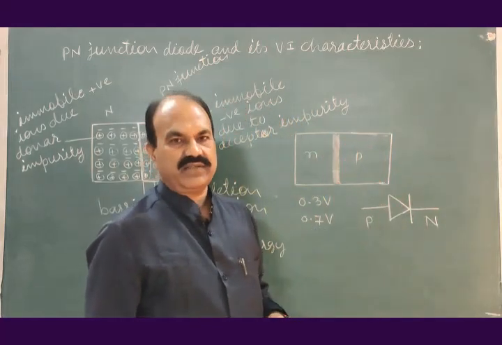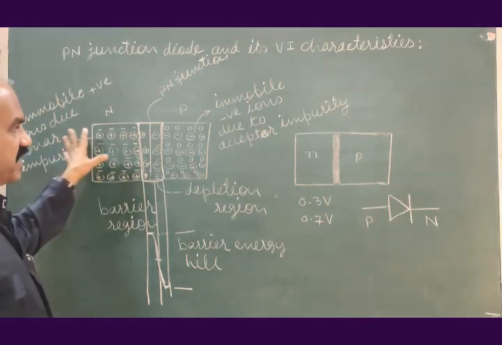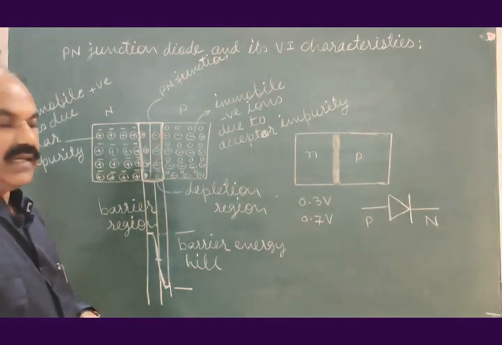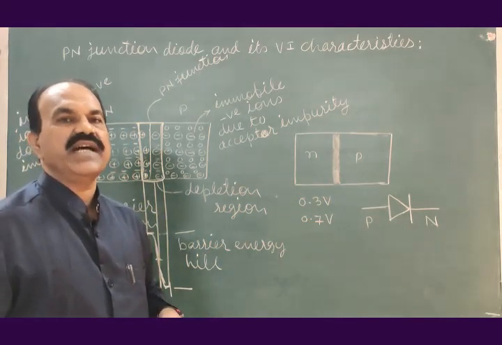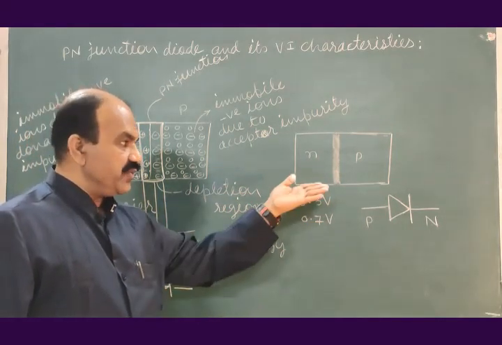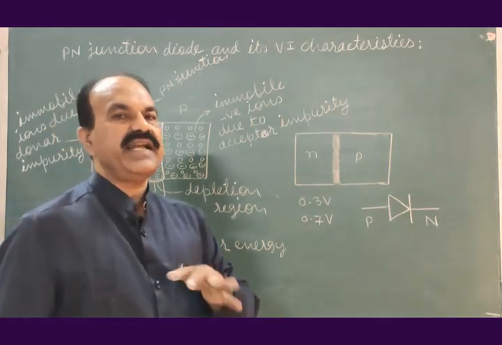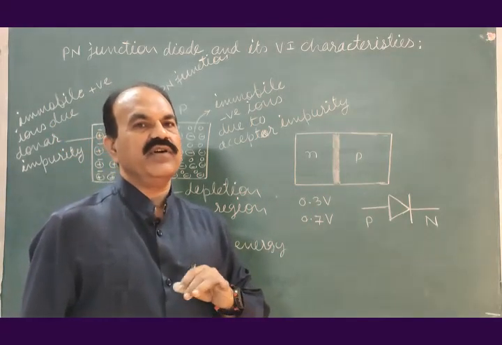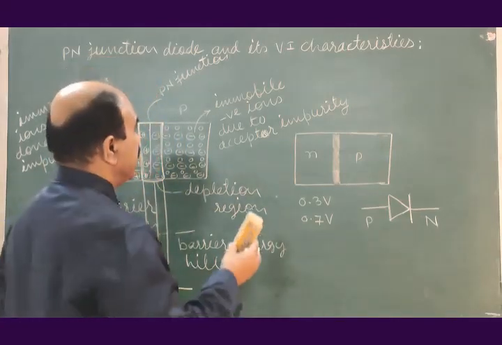So instead of drawing this picture, let us use this symbol for the p-n junction diode to study the forward bias and reverse bias. Let me draw the circuit diagrams.